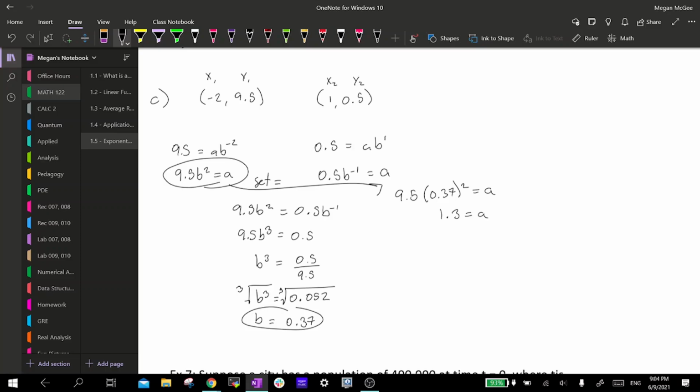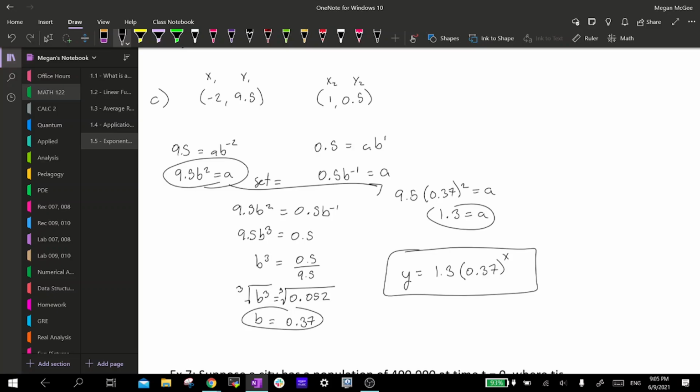So our function is y is equal to 1.3 times 0.37 raised to the x. And that is our final equation for the third graph.